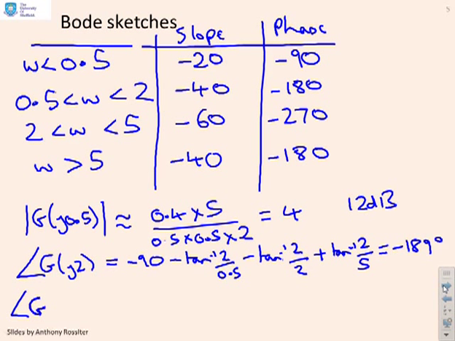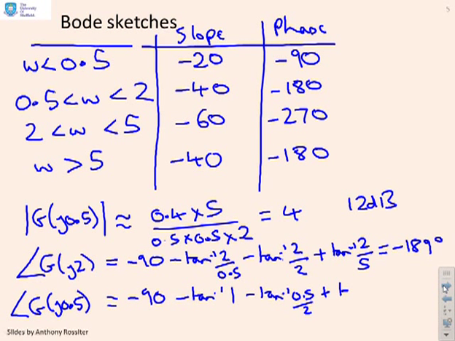So if I go to the other corner frequency, 0.5, and see what I get, minus 90, minus tan inverse of 1, minus tan inverse of 0.5 over 2, plus tan inverse of 0.5 over 5, and that gives me minus 143, which is nicely placed in the region where I really want to be accurate.